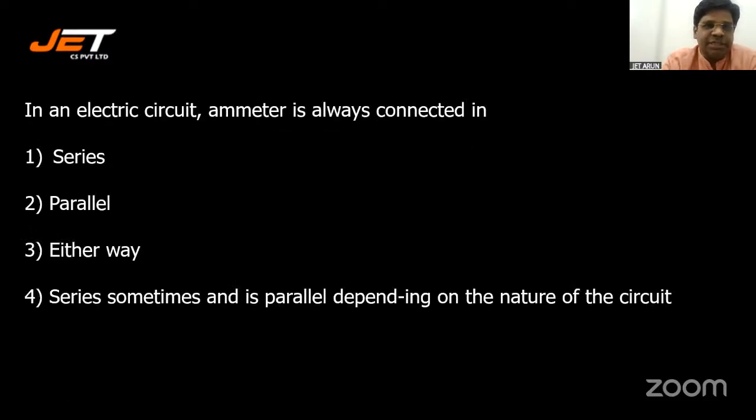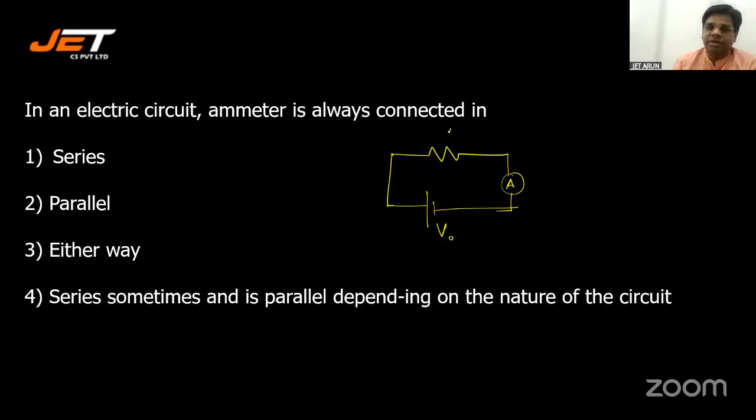All right. In an electric circuit, ammeter is always connected in series, parallel, either way. Series sometimes and in parallel sometimes, depending on the nature of the circuit. Now, this is the functioning of the ammeter. How do you measure current with an ammeter? Do you connect the ammeter in series? Suppose there is a circuit here. I will connect the ammeter like this.